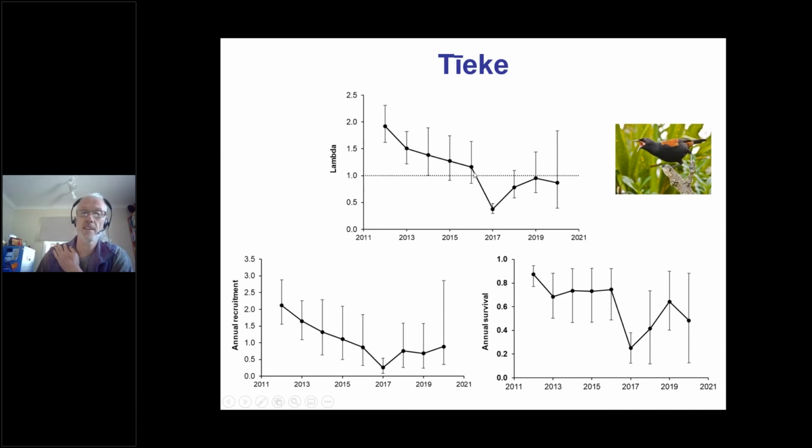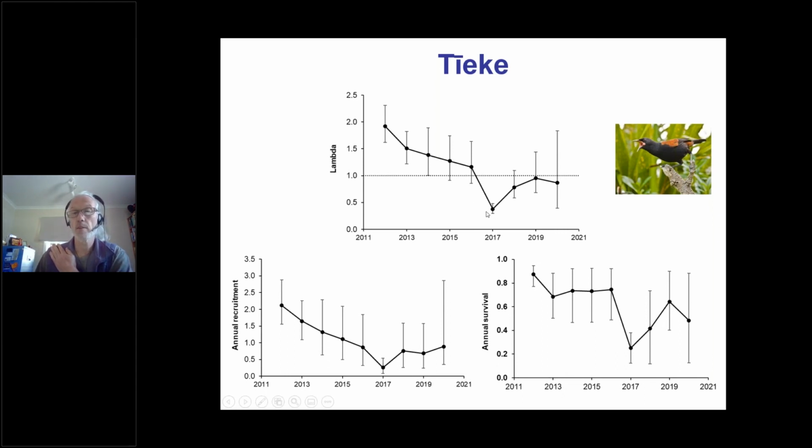So this is the signature of a classic density-dependent response. This is what we see in Tieke reintroduced into small sanctuaries. It's driven again by this decline in annual recruitment. So what seems to be happening with the Tieke is that they've just got to the stage where they're probably approaching carrying capacity, and then the stoats basically arrived at this point, and there's quite a dramatic crash there.